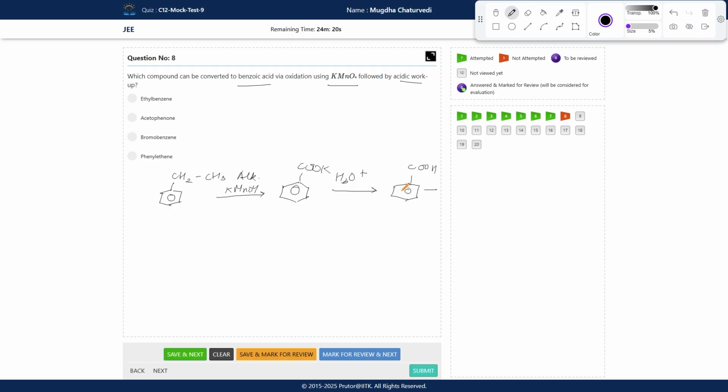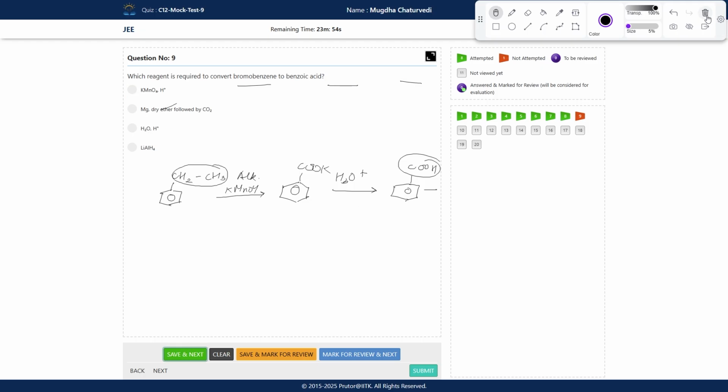So this alkyl side chain is oxidized to a carboxylic acid. In this case, the right option will be ethyl benzene. Ethyl benzene can be converted to benzoic acid by oxidation using KMnO4 followed by acidic workup.